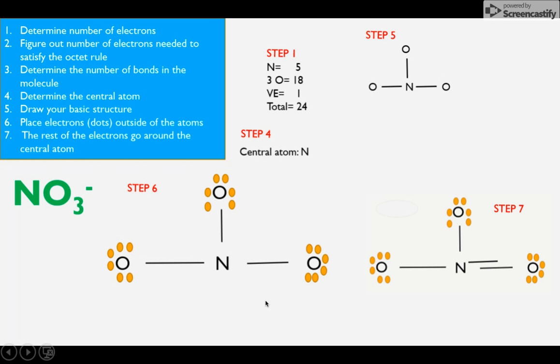Now here we have a problem because this is only 6, but the rest of the electrons go around the central atom. So we put this here, so now everything is satisfied. You have 2, 4, 6, 8. That one's check. 2, 4, 6, 8. Check. 2, 4, 6, 8. Check. Everything is checked off.